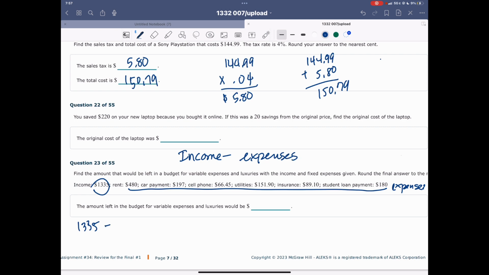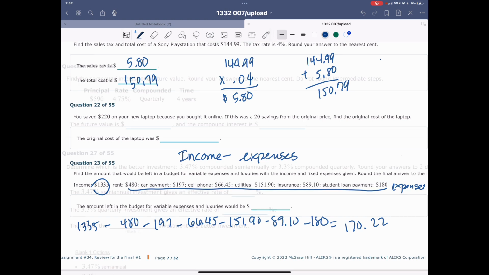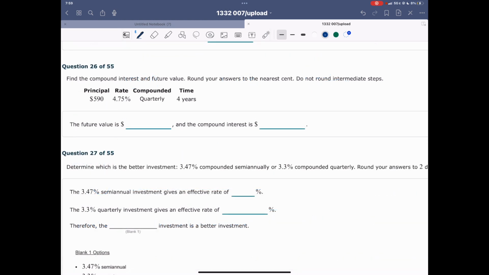Okay, so then minus 480 minus 197 minus 6645 minus 5190 minus 8910 minus 180. So then your solution for that is going to be, just put in the calculator. $170.22.